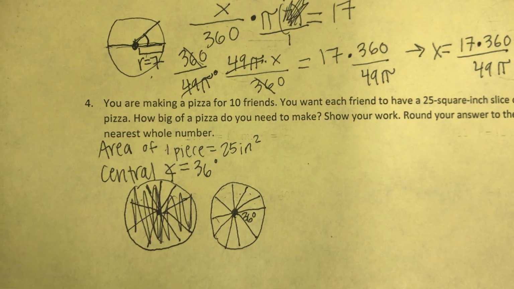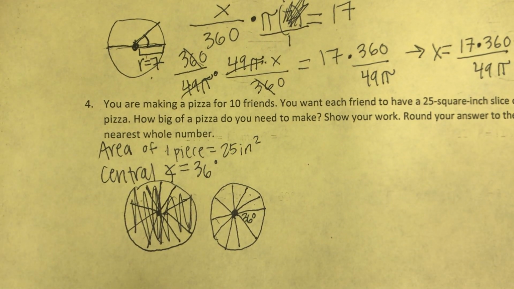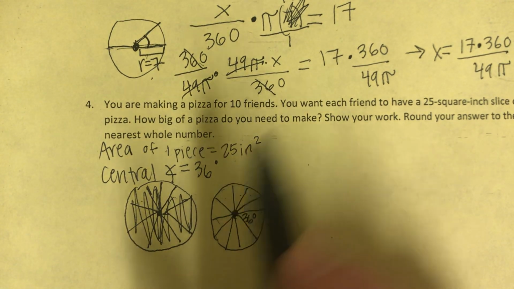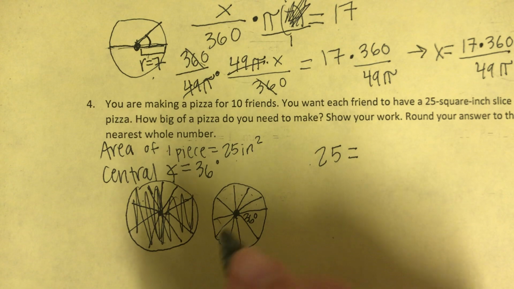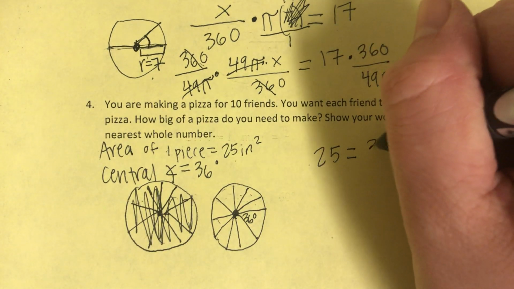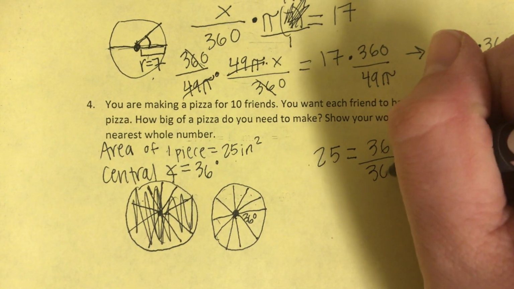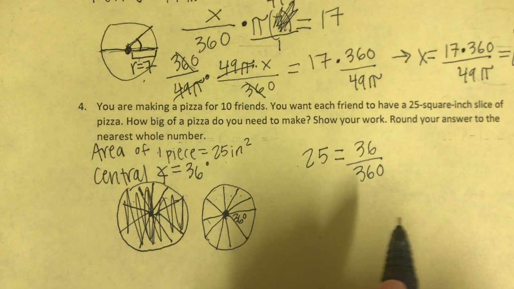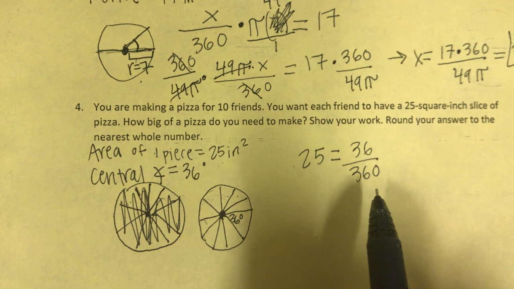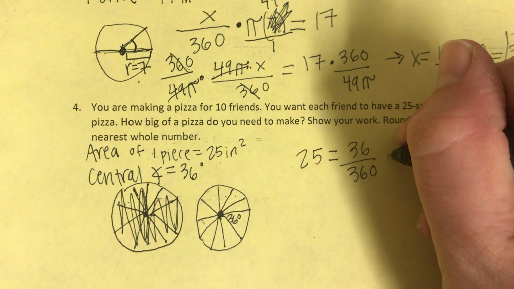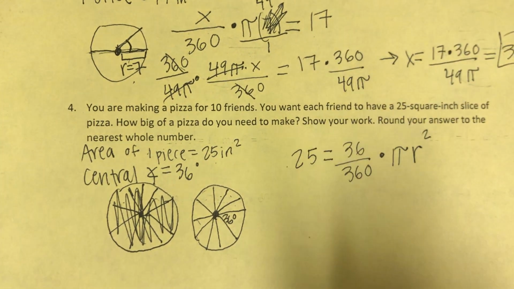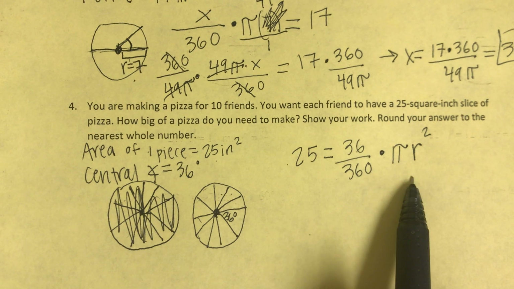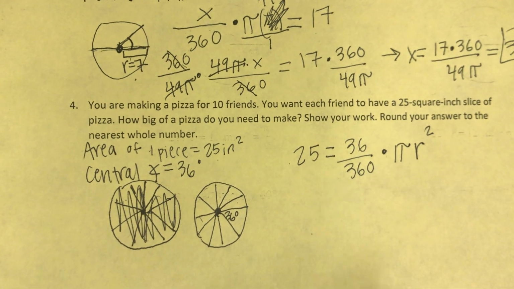I'm going to have 25 is equal to my central angle, which is 36 for this problem, divided by 360, because remember you always divide by the total amount of degrees in the circle. And we're going to multiply by pi times radius squared. Remember, we don't know what radius is yet, so that is what we're going to be solving for.